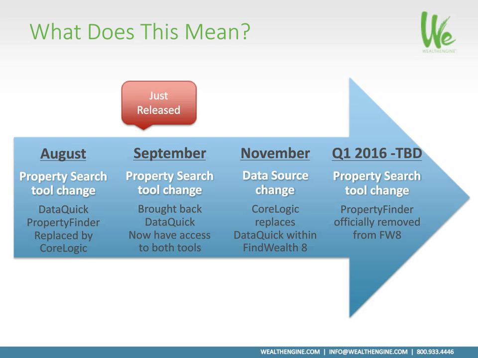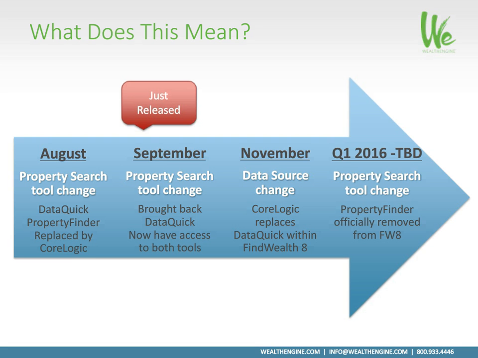So what we've done is we actually shared all of your sentiments, including ours, with CoreLogic and worked with them to provide us access to both tools in the interim. And so what they're doing now in negotiating with us is they're working on adding some of these key enhancements to the RealQuest tool.